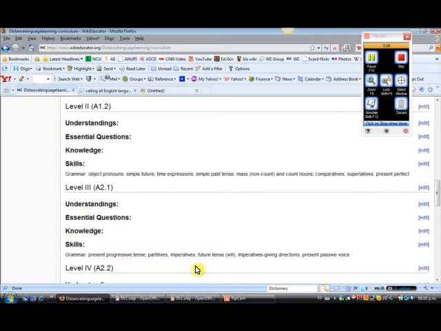The knowledge would be, for example, social cultural aspects of language that might be important for the language learners to know. And the skills are what we normally think of in terms of language learning, the grammar, vocabulary, the pronunciation, for example.